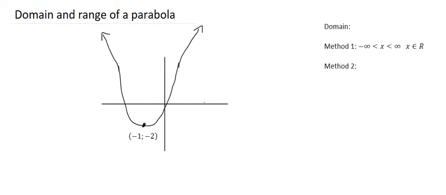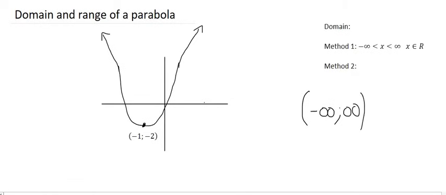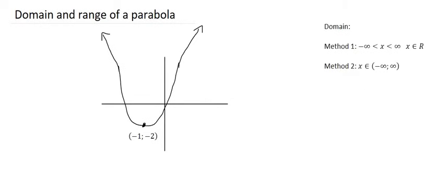Some people don't like to use the crocodile method, and so we could rather use brackets instead, and say that it goes from minus infinity up to infinity. When using that method, you only have to say x is an element. Please note that only one of those methods has to be used, whichever you are comfortable with.